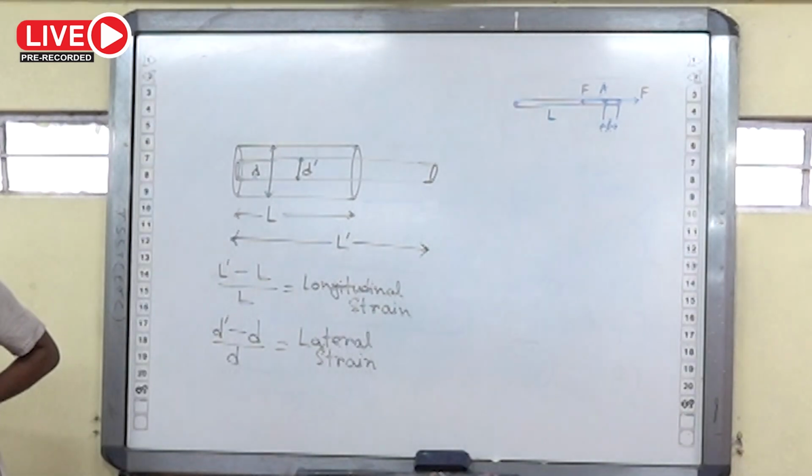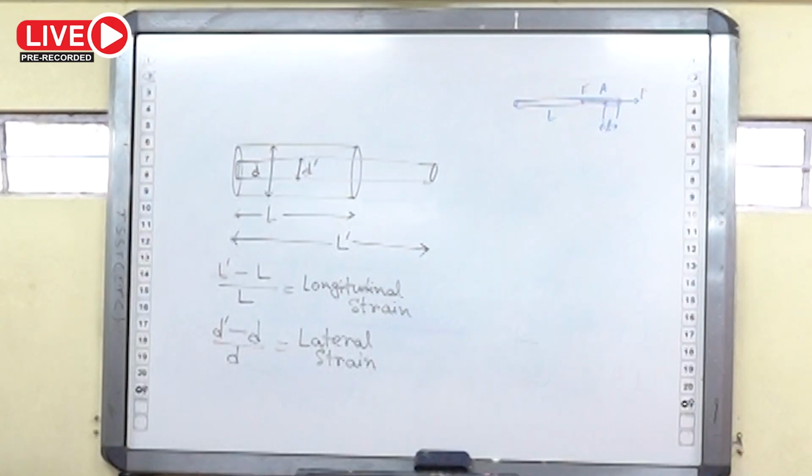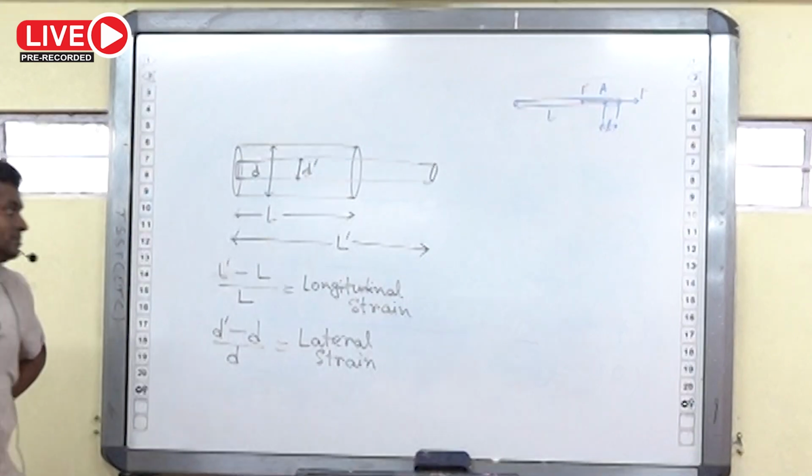So this should actually happen. Previously, when we consider a very thin wire, we neglect the lateral strain. But now in the general case when we are considering a cylindrical shape where area of cross section is not negligible in comparison to the length, then we have to consider that if there is an increase in length, there should be a decrease in diameter. You have to consider that.